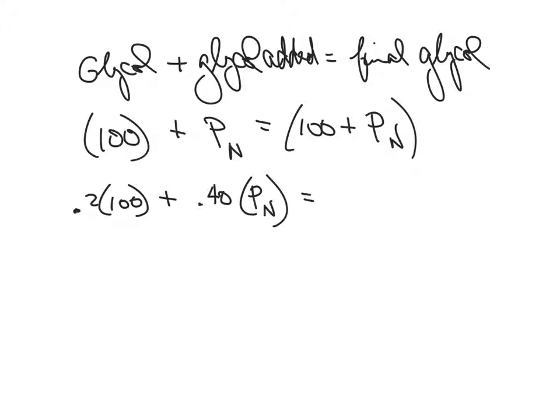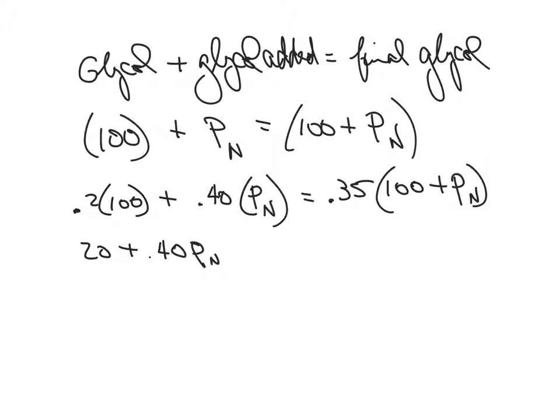And we want to get 35%. So you just put your percentages in front of what you're adding. Alright, so now we have 20 plus 0.40 P of n equals 35 plus 0.35 P of n.